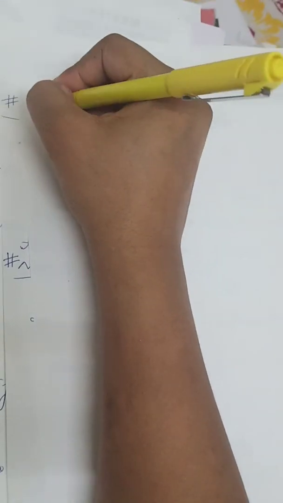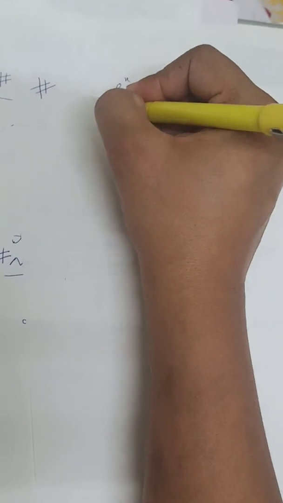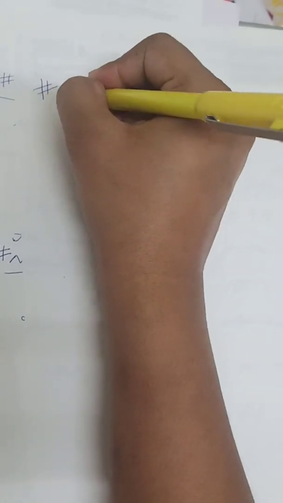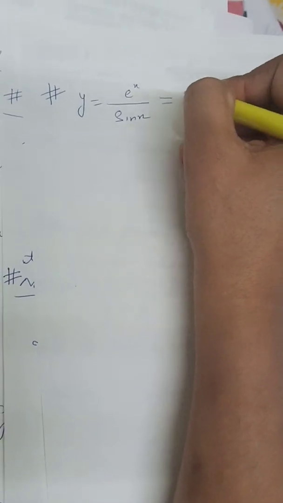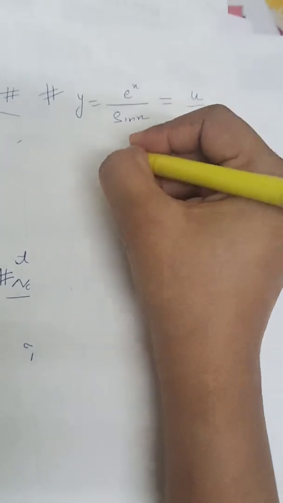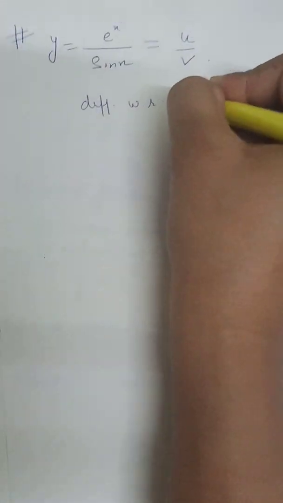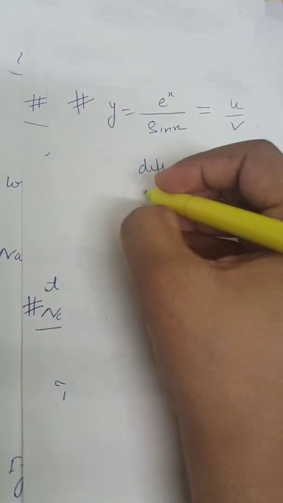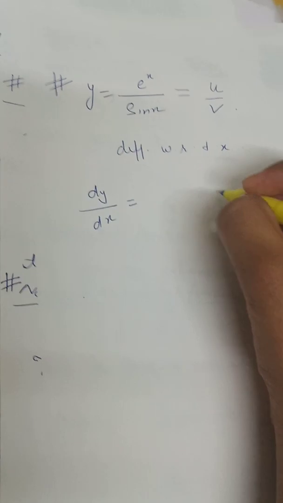And take one more example. e to the power x upon sin x. Write it as y equal to e to the power x upon sin x. This function is in the form of u upon v, so we will apply the quotient rule. Differentiate this function with respect to x. Left hand side dy upon dx.